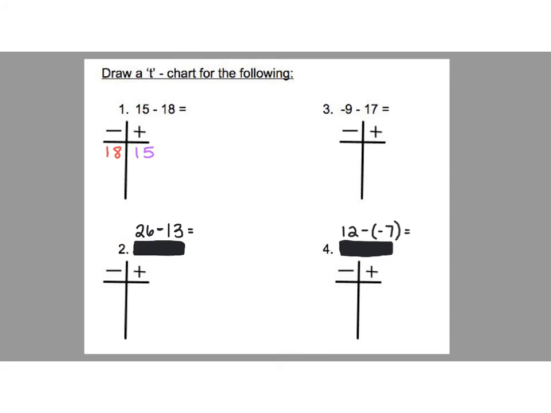So I'm going to swing that 15 over to the left-hand side. And then I need to subtract these two numbers. 18 minus 15 equals 3. The 3 is in the negative column. So my answer is negative. So 15 minus 18 is -3.